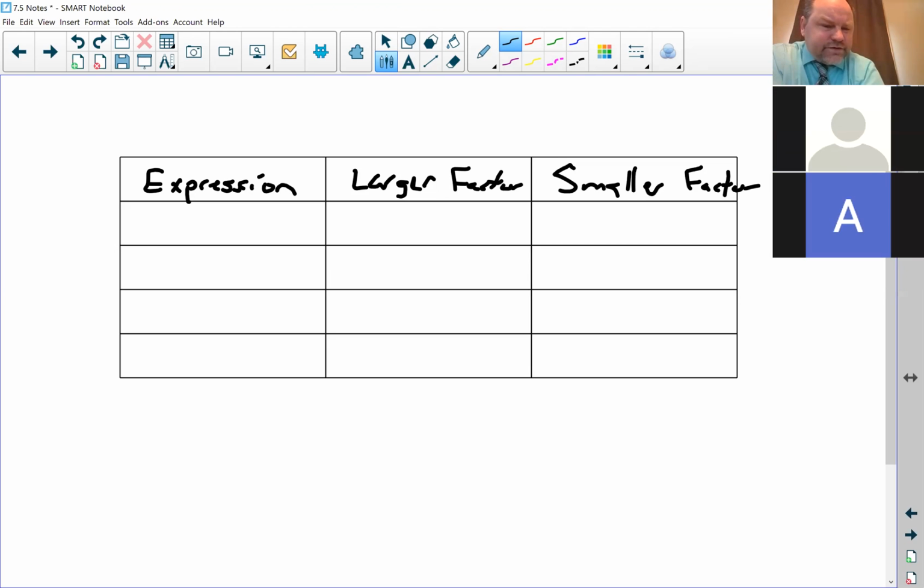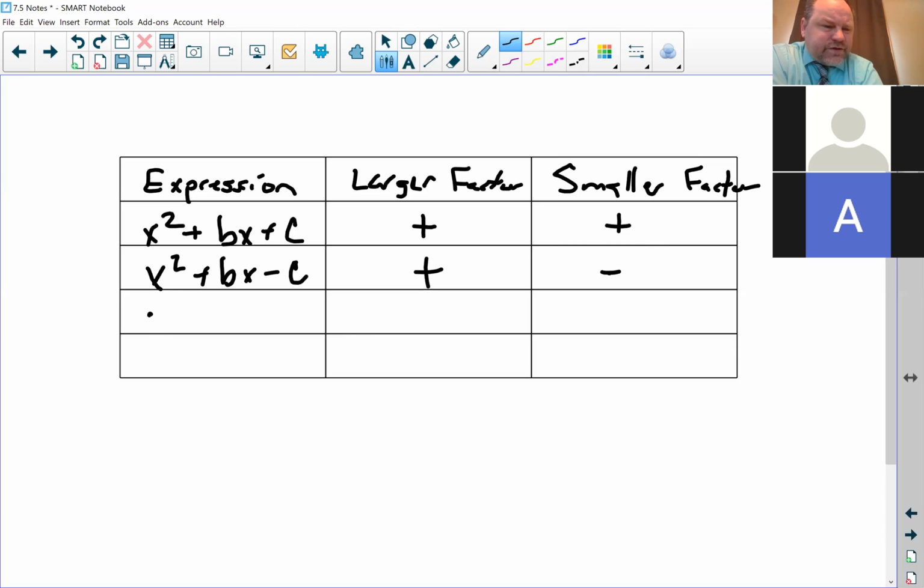So if it is x squared plus bx plus c, if they're both added, my larger factor is positive and my smaller factor is positive. If it's x squared plus bx minus c, my larger factor is positive, my smaller factor is negative.